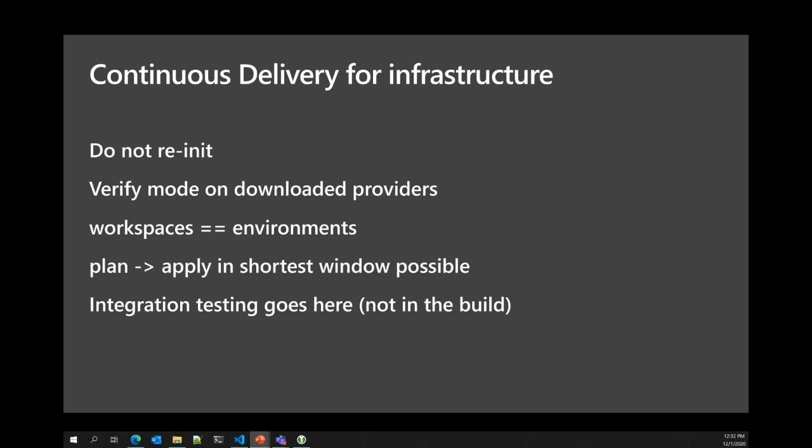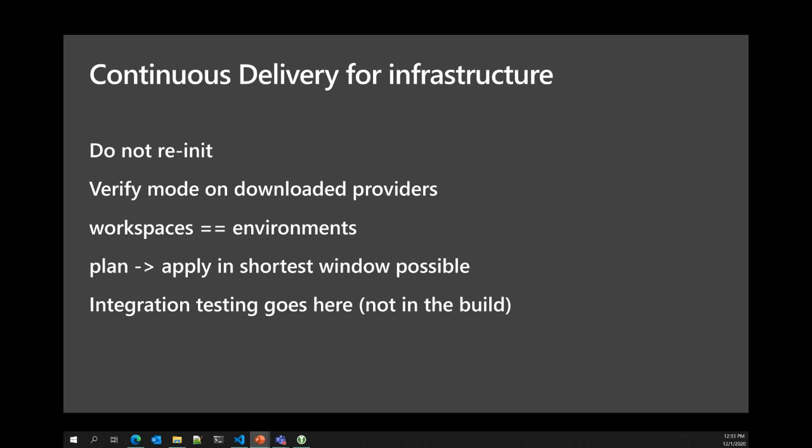The next thing, and I talked about this previously, is the concept of workspaces. Terraform has built-in logical grouping of resources. Ultimately, these all get tracked against the same state or the same definition of code. So this is a really good mechanism to align to our environments.